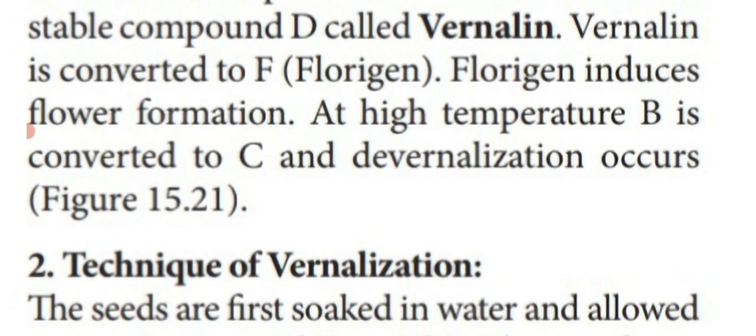Dear students, see, the A form is converted into B, which is unstable, converted into the stable form D, known as vernalin, but some stages are missing between B and D. That is, when you place the B form of the plant at high temperature, it is converted into C and devernalization occurs.